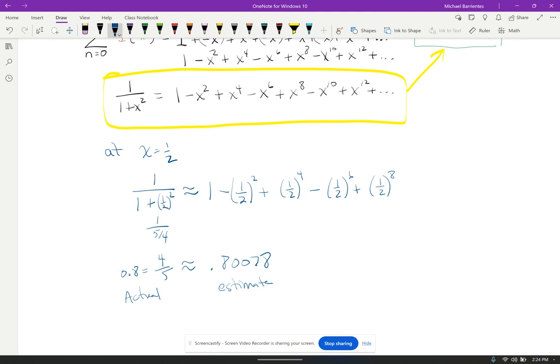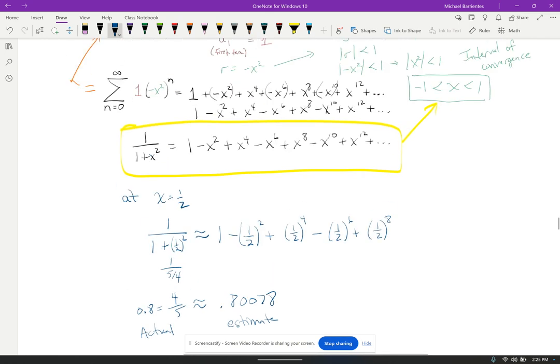And spoiler alert, that's how your calculator is programmed. It doesn't really do e to the 2 power. It does a power series and estimates it like this. And we're going to be able to do that in the next set of videos that we're about to do. So, big idea.